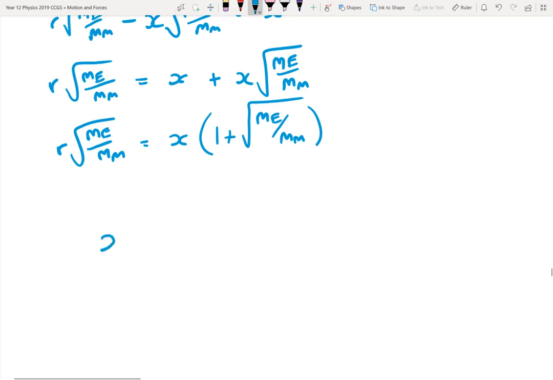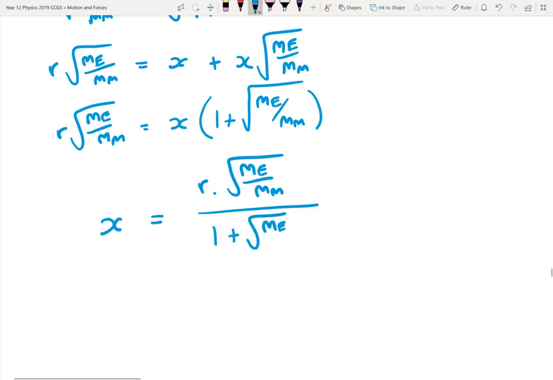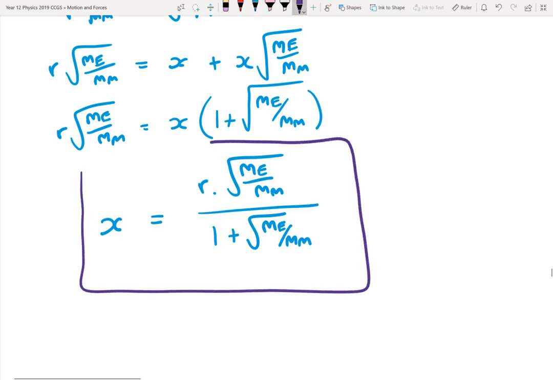Lastly, what do we want? We want x equals. Divide both sides. Put it in a box. Highlight that box.